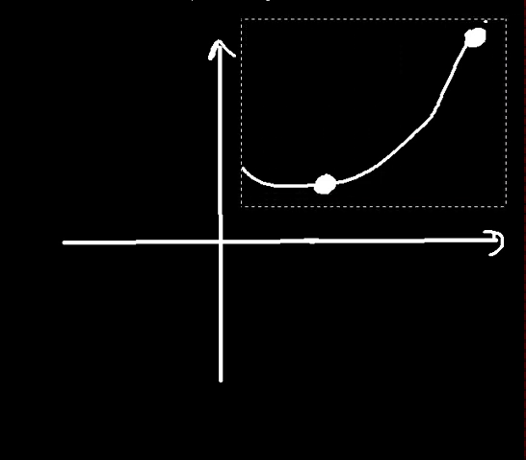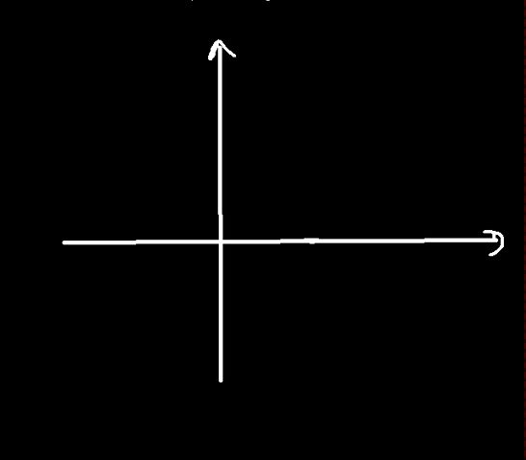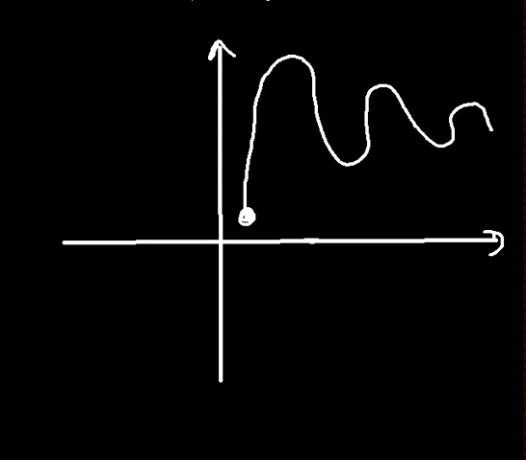And what if we have a case like this? Let's say we have a graph that goes like this, and it goes like that, and it goes like this. So what can you say about this graph? Now we have this point, this point, this point, this point, this point, as well as this point.